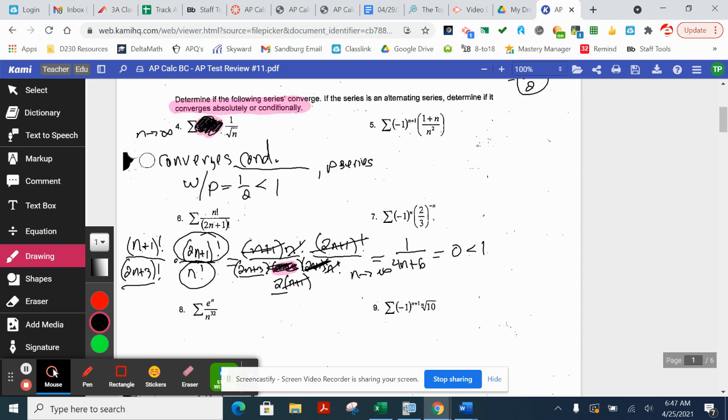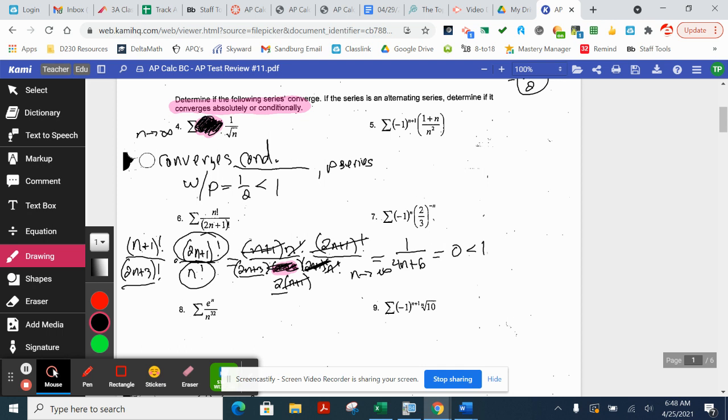I can tell you number 5, it converges conditionally. You would want to use the comparison test, and it would be greater than the harmonic. Number 7 is going to diverge immediately. And that is because it fails the nth term test.